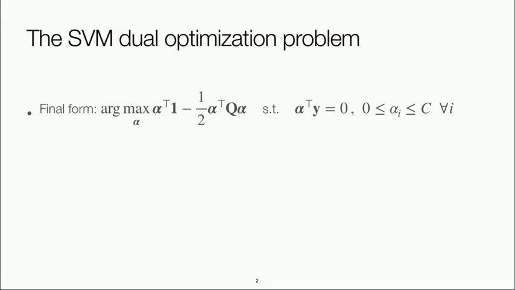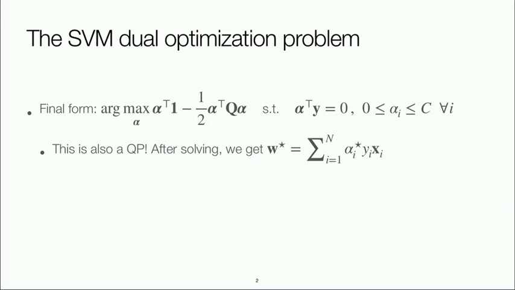The objective has a linear term, alpha transpose 1, which is basically just the sum of all the alphas written in vector form, and a quadratic term, alpha transpose Q alpha, for an appropriate matrix Q, and we'll get to that in a little bit. This is subject to some new constraints that we found, based on what we know about the optimal b and the optimal xi's, those primal variables. These constraints have to be satisfied by the alphas.